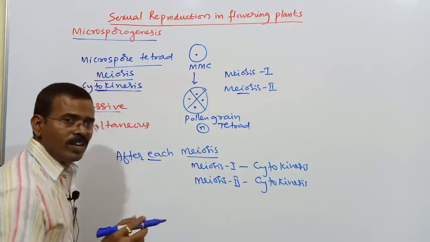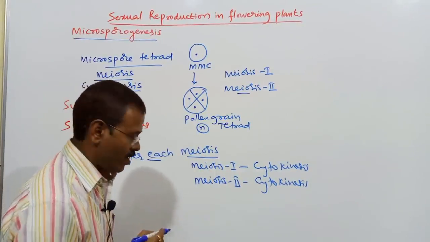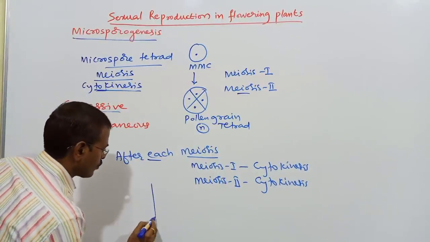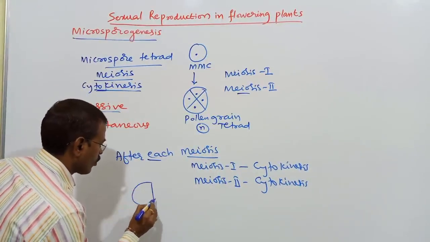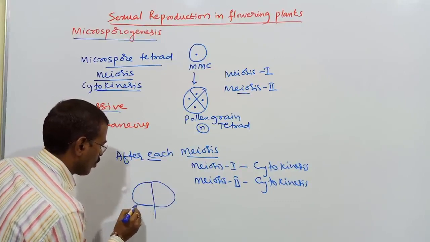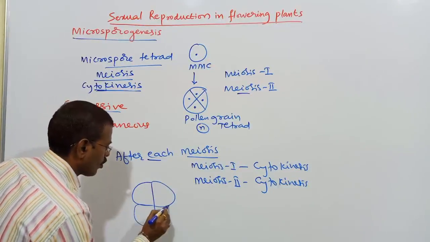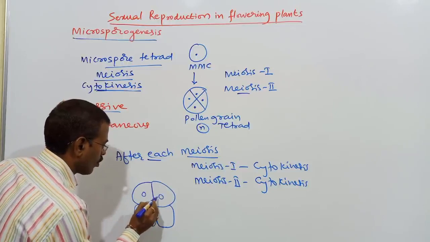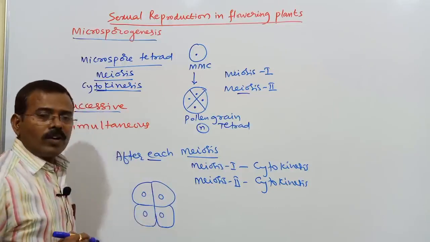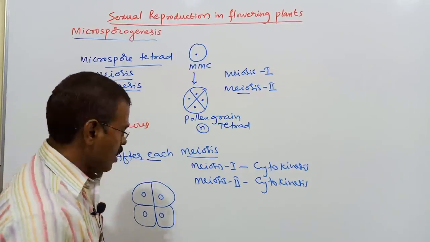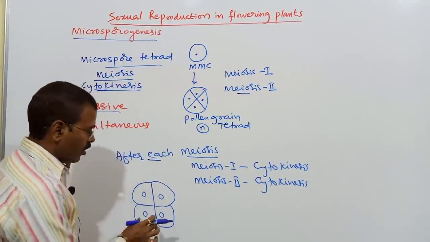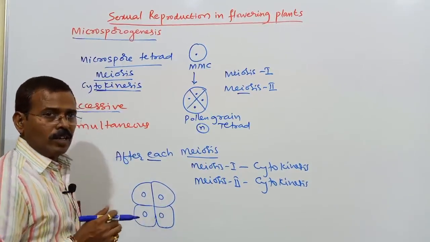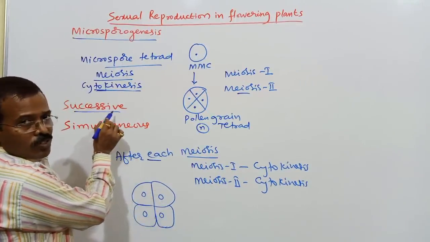So how is the isobilateral tetrad? This is isobilateral tetrad. The pollen grains are arranged in this pattern because of this successive cytokinesis.